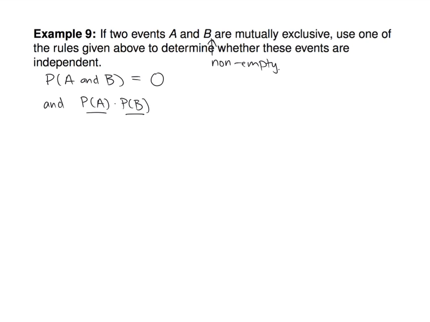Greater than 0. Also less than 1, right? So can those two things be equal if one is equal to 0 and one is bigger than 0? No. So thus, A and B are not independent.